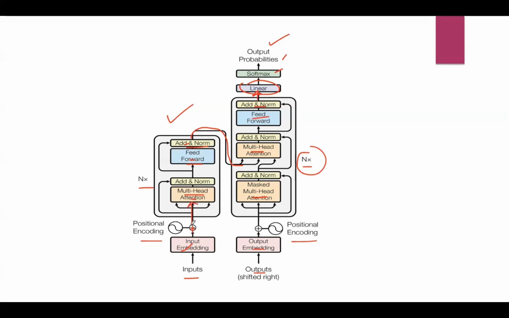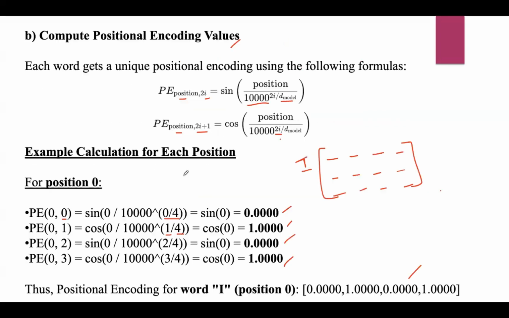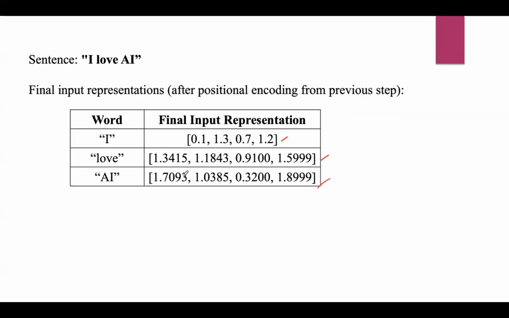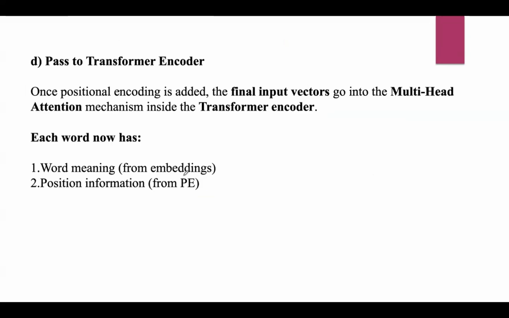So this is the encoder part. The final input vectors go into the multi-head attention mechanism present inside the encoder. And each word now has word meaning, that is the word embedding, as well as position information.